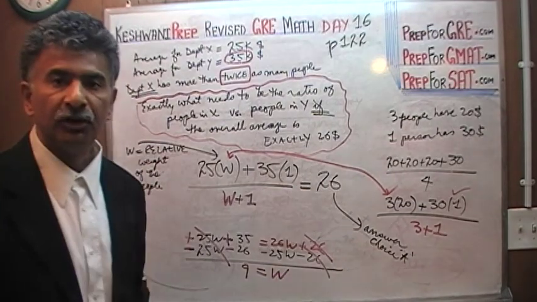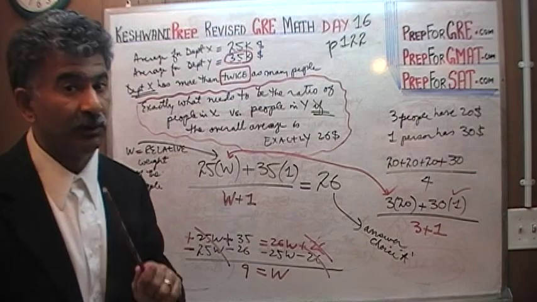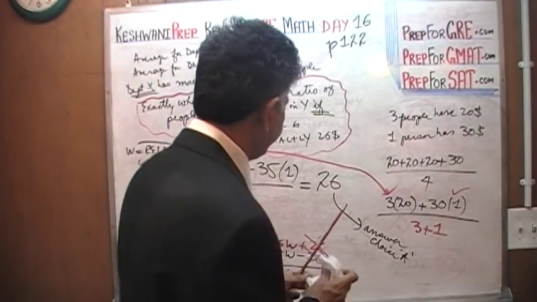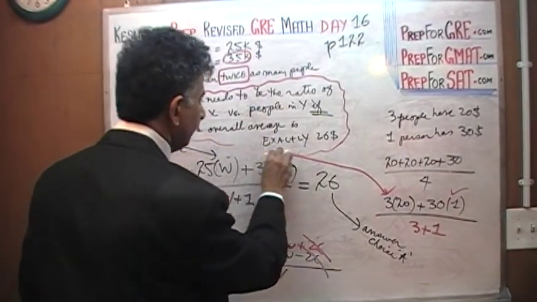And on the side here, I'm going to actually show it to you that the weight of 9 actually does work. I'm going to show it to you right here. We don't need this arrow anymore.